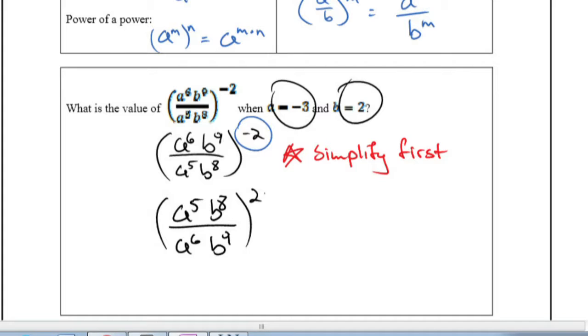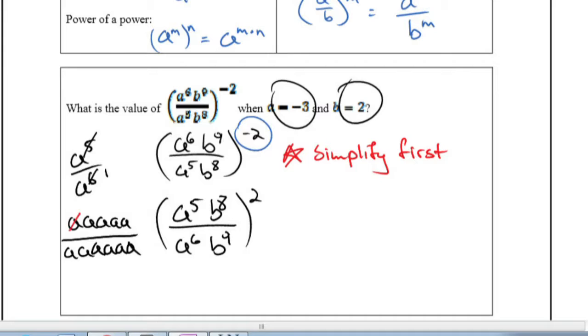All right, if I had a fraction like a to the 5 over a to the 6, I have 5 a's on top, I have 6 on the bottom. If I cancel those all out, I'm left with 1. And remember, when I have something that looks like a to the 5, that's really 5 a's: 1, 2, 3, 4, 5, and 6 a's on the bottom: 1, 2, 3, 4, 5, 6.